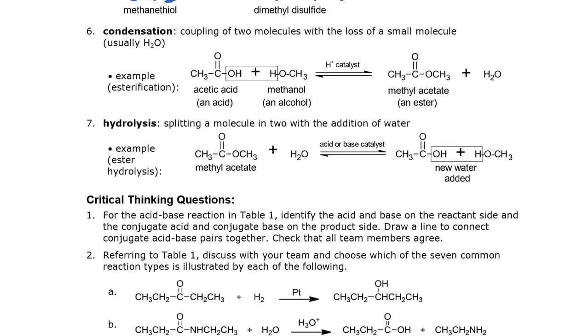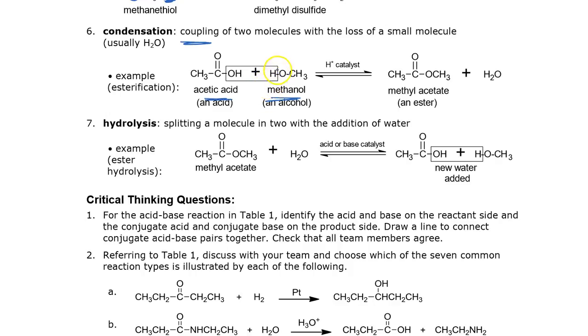And finally, we have the condensation and hydrolysis. So condensation is the coupling of 2 molecules with the loss of a small molecule. This coupling means that you're joining them together. So the typical functional groups here are carboxylic acids and alcohols. And if I draw them in this particular way so that the OH groups are near each other, then it's easy for me to see the small molecule that can be removed.